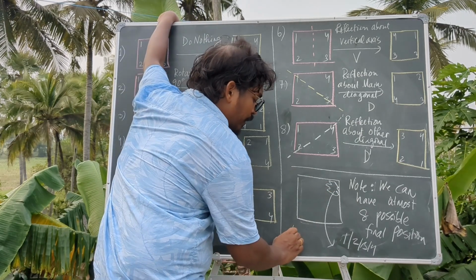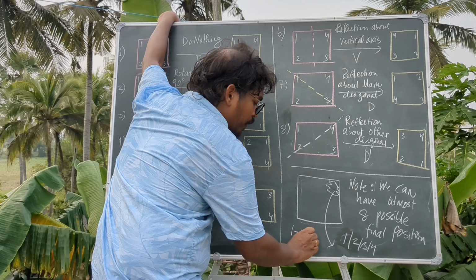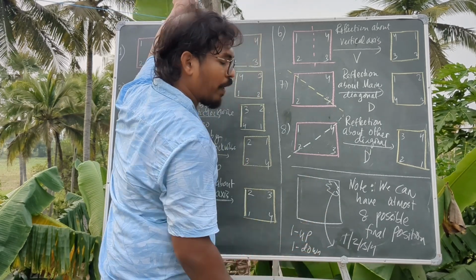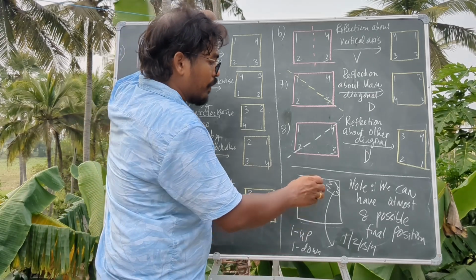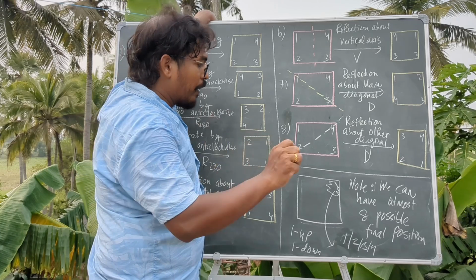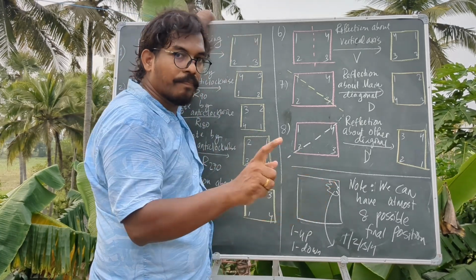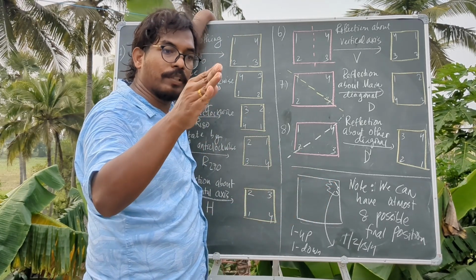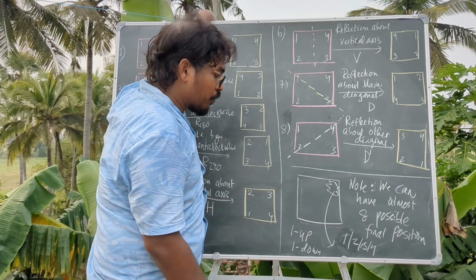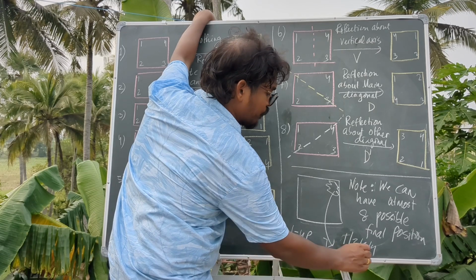And for 1 we can have 1 up or 1 down. Treat this as a square glass. For this corner we have 4 possible choices, and for any corner we have 2 possible: we can have the 1 up or 1 down. So this is 2 and these are 4.